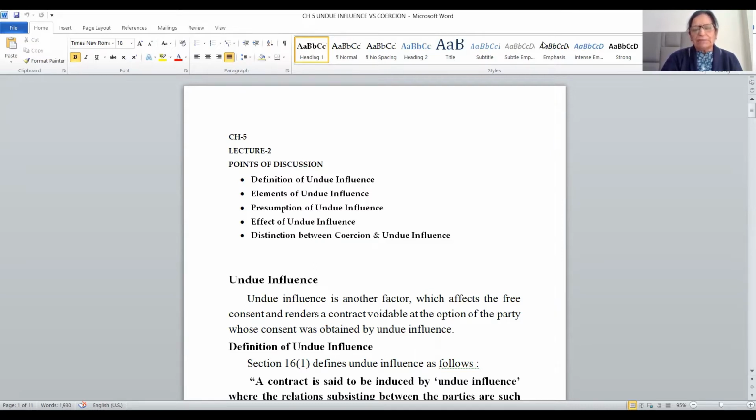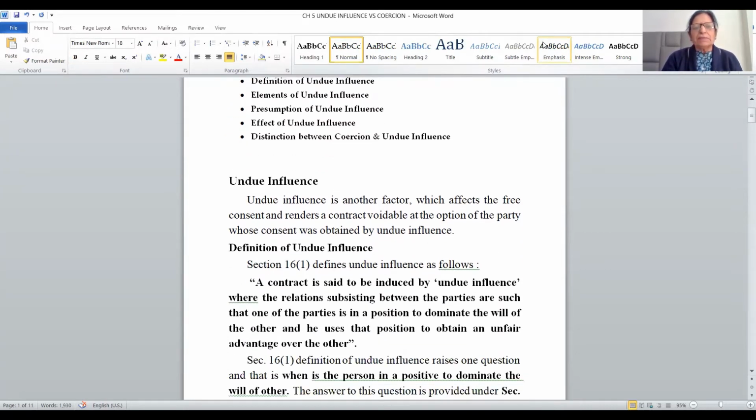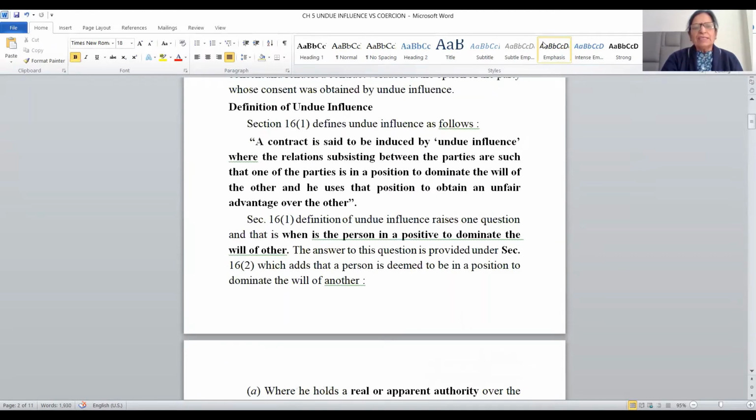Undue influence has been defined under section 16, subsection 1. A contract is said to be induced by undue influence where relations subsisting between the parties are such that one of the parties is in a position to dominate the will of the other and he uses that position to obtain an unfair advantage over the other.